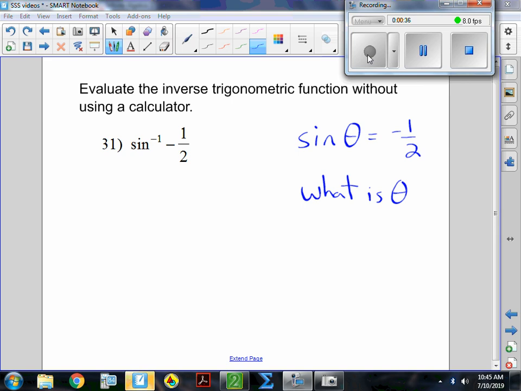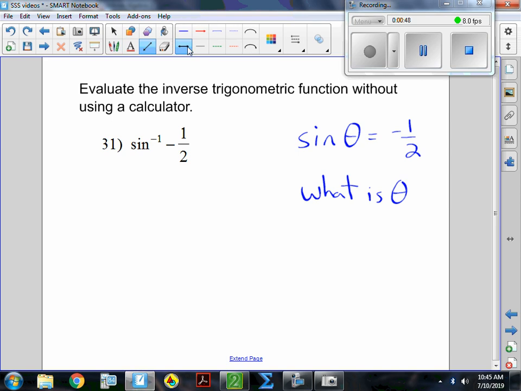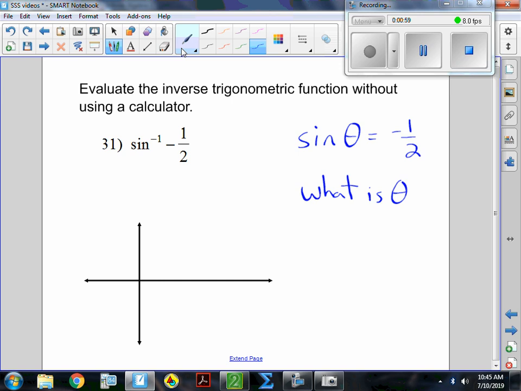And when we're evaluating an inverse function, we're evaluating it for its principal solution, which means there's always one answer. To back up a little bit, if we take a trig graph for the sine function, we know that the trig graph is cyclic.